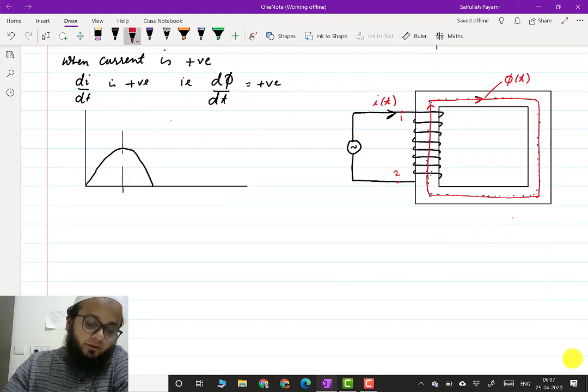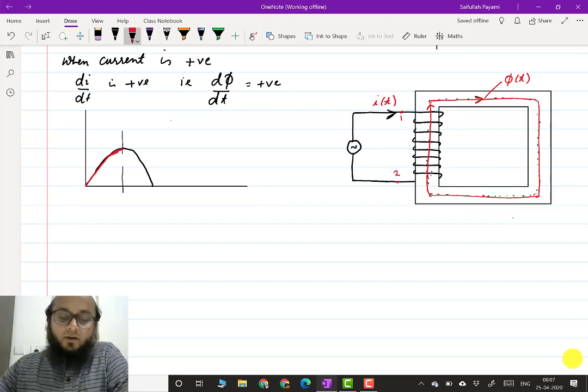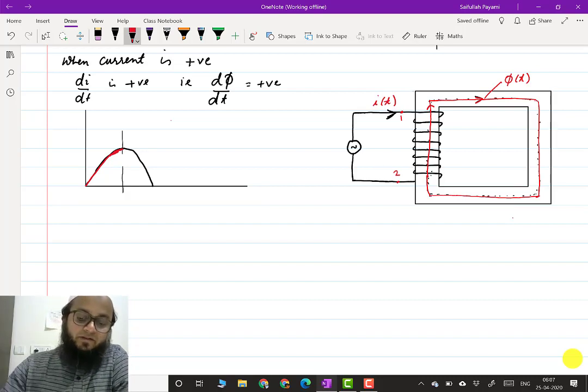So in this region, we have discussed Faraday's law. d phi by dt is positive, so that means the flux is actually increasing. So the induced EMF should be in such a way that it counters the increase in the flux, and this is only possible when current comes out of it.